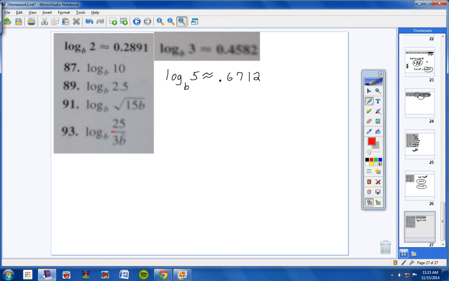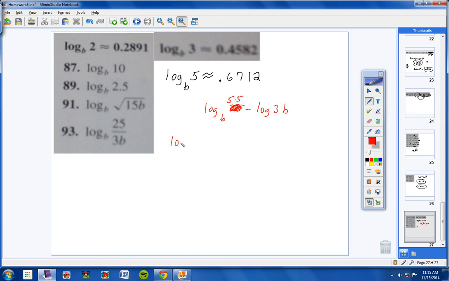We have division. So I'm going to write logarithm base b of 25 minus logarithm of 3b. Okay? For the 25, I'm going to put 5 times 5. Okay? Because I know the logarithm of 5.